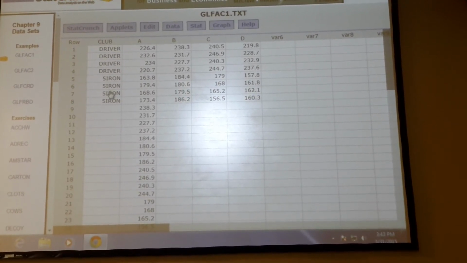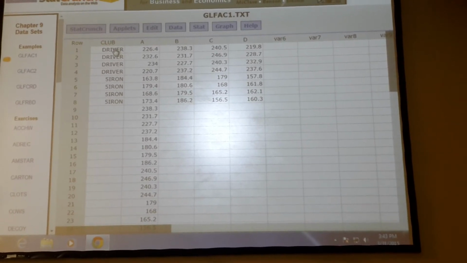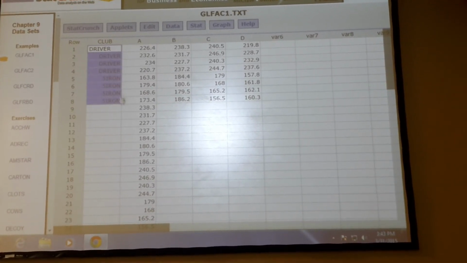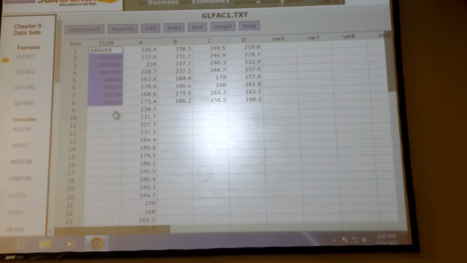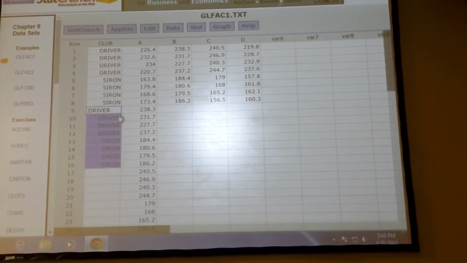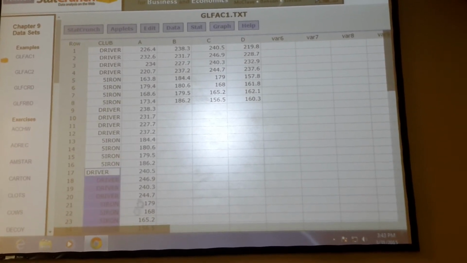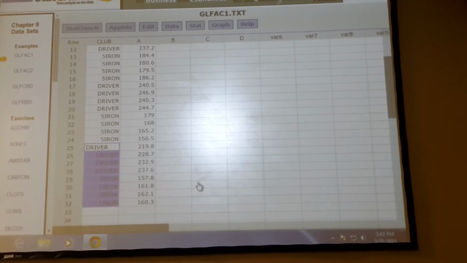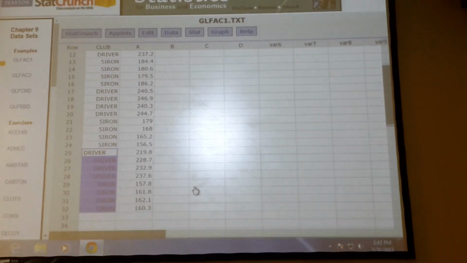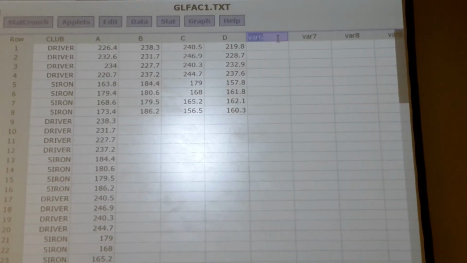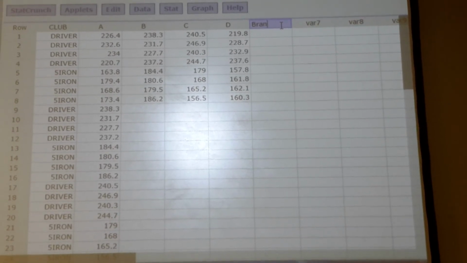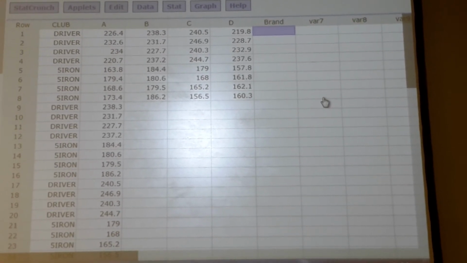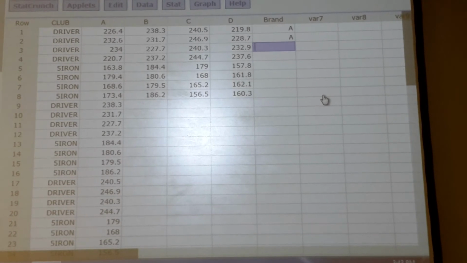I'm also going to have to get my clubs and my brands in one column. With the club, it's going to be kind of easy. I can Control C to copy it one time, and then Control V to paste it 3 different times. That put the clubs all in one column. For the brand, it's going to be a little more difficult. I'm going to create a new column over here called brand, and I'm just going to have to type it in.